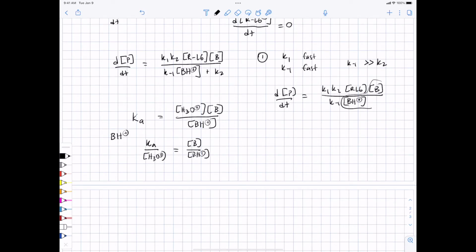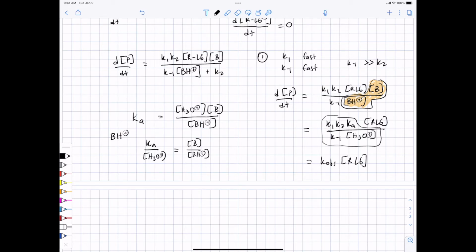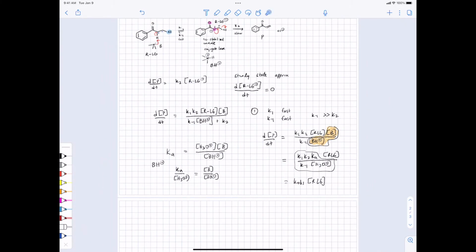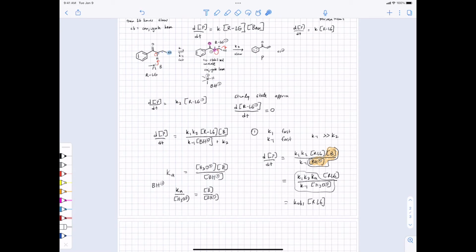So we can substitute this out, and as long as we're keeping the pH constant, what this simplifies to is K1, K2, Ka, RLG divided by K minus 1 times H3O plus. All of this then becomes a constant, and you get an observed rate constant that's unimolecular in the concentration of your starting material.